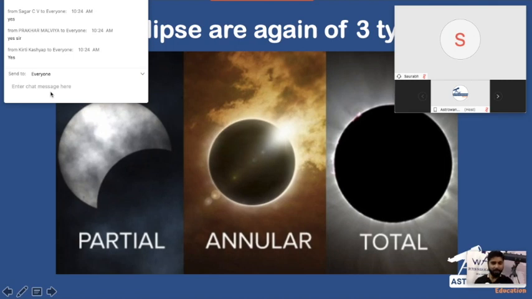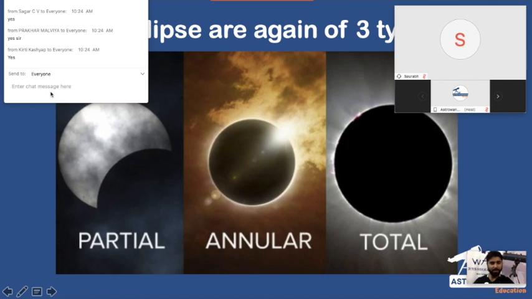But in an annular eclipse, the moon is a bit smaller than the sun, so it is not able to completely cover the sun, and you can still see some part of it. The moon is at the center and the visible part of the sun is called the ring of fire.